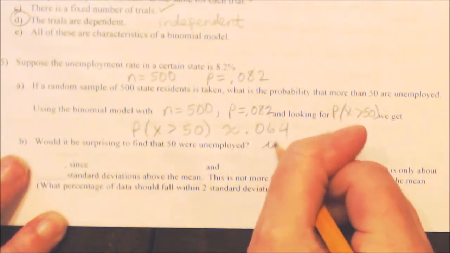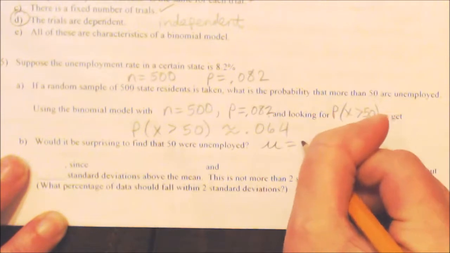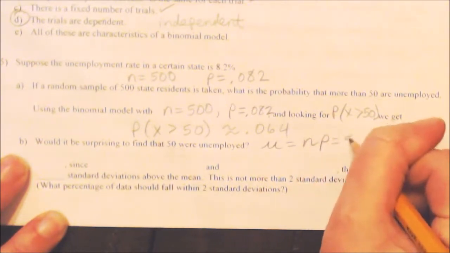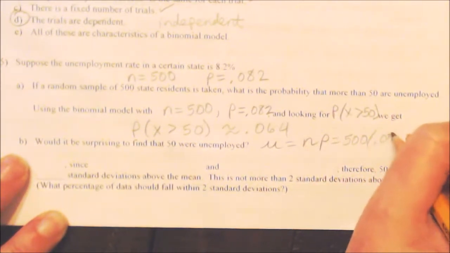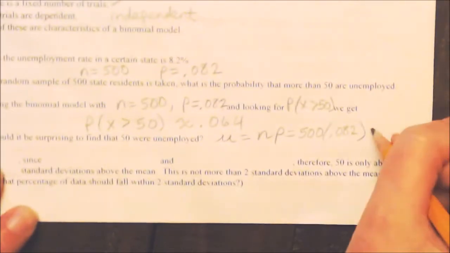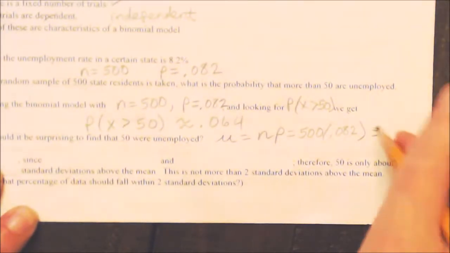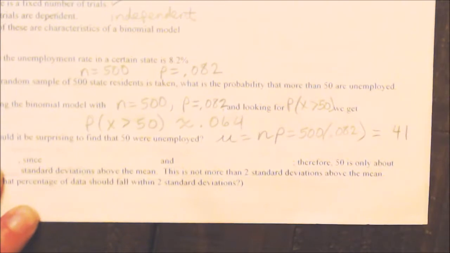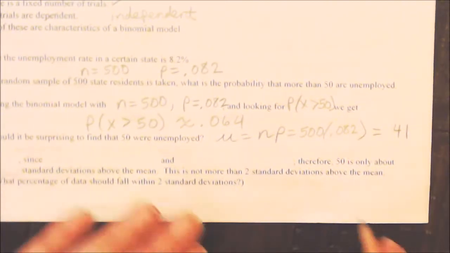So we need to get the mean first. The mean or the expected value is, remember, N times P. So 500 times 0.082. And that gives us a value of 41. 41 people is what we'd expect in our sample.